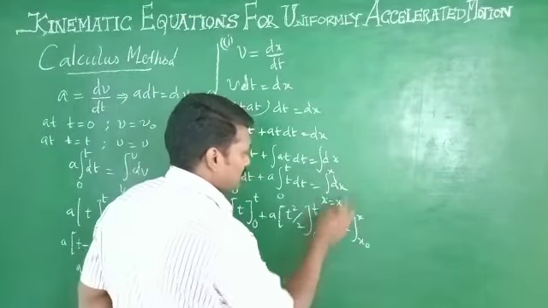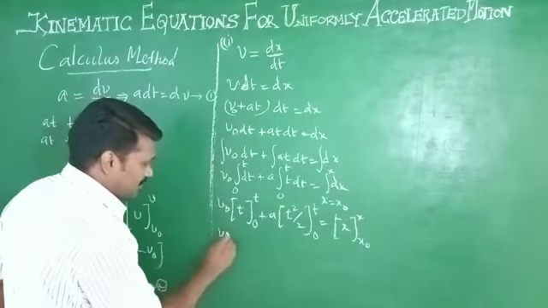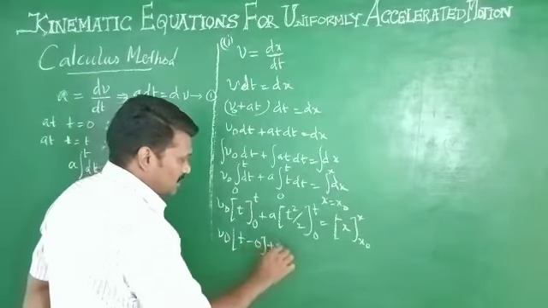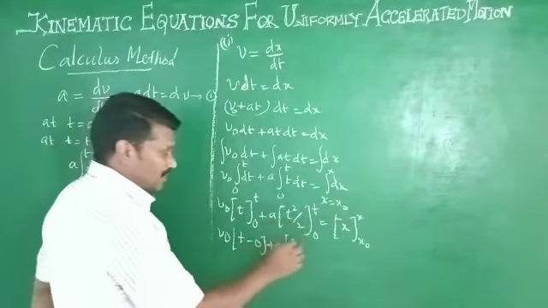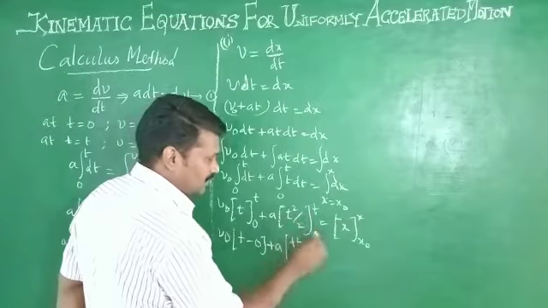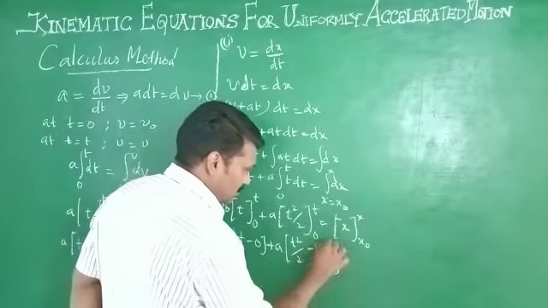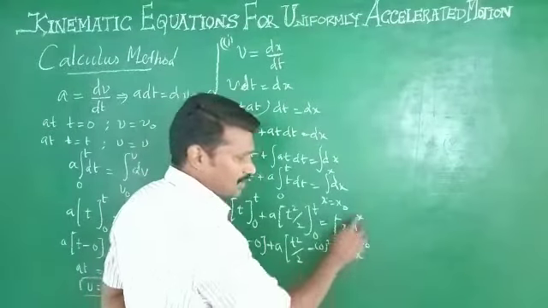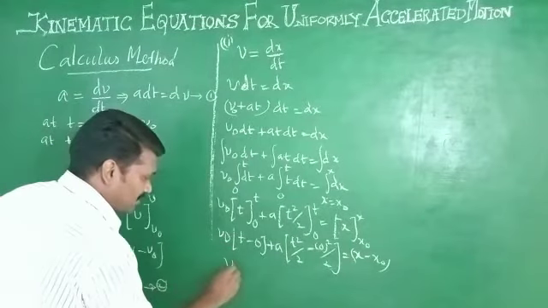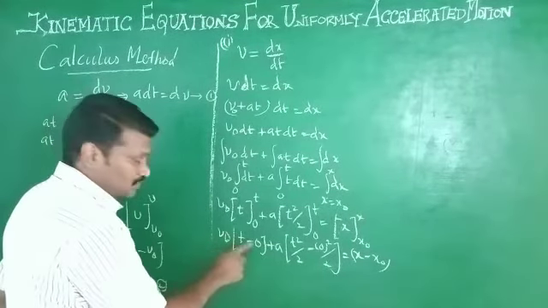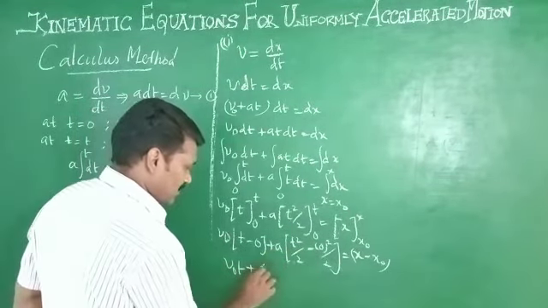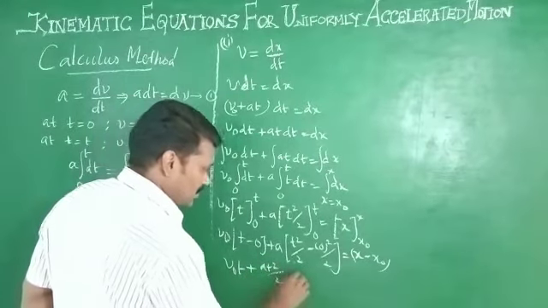So we substitute the limits. We get v naught times (t minus 0) plus a times (t square by 2 minus 0 square by 2) equal to x minus x naught. Simplifying, the zero terms vanish, and the remaining term is a t square by 2 equal to x minus x naught.